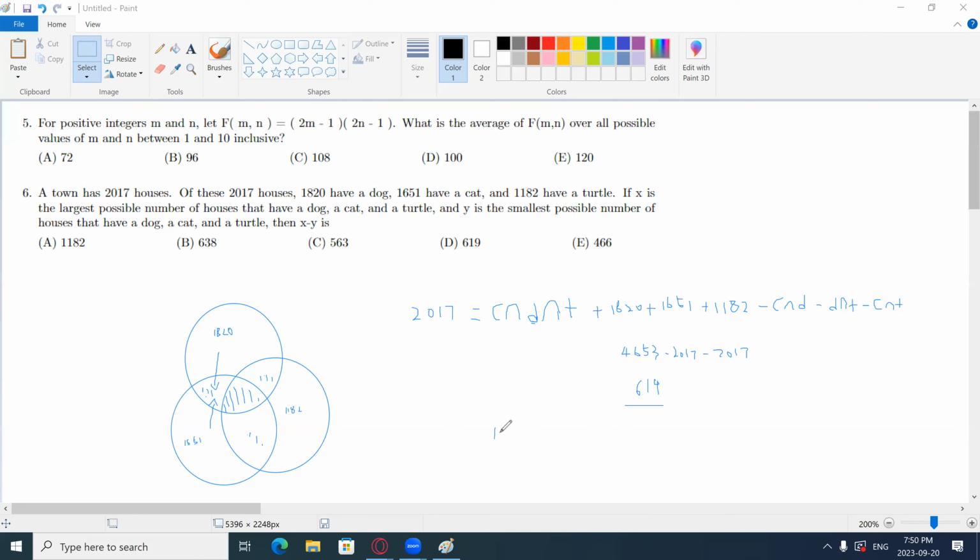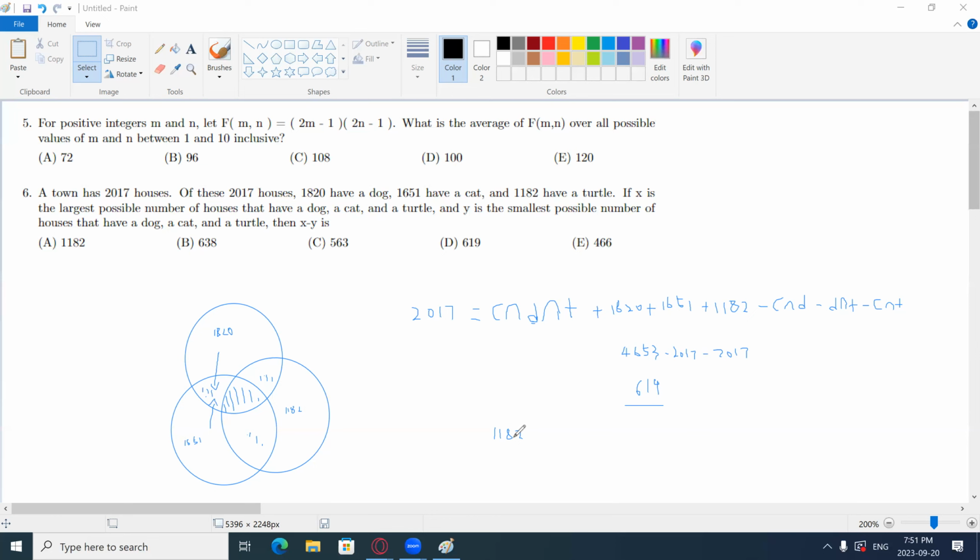The maximum number is just 1,182. If we think about it, that is the minimum of the maximum numbers, and that is the maximum of the maximum numbers.